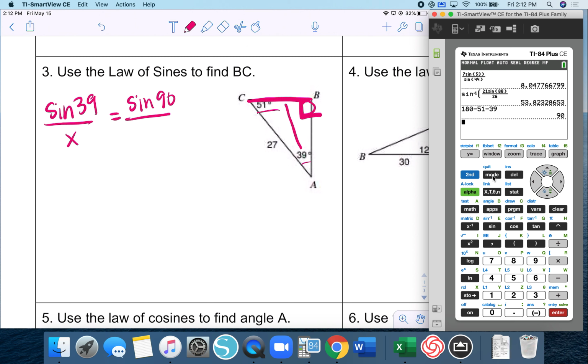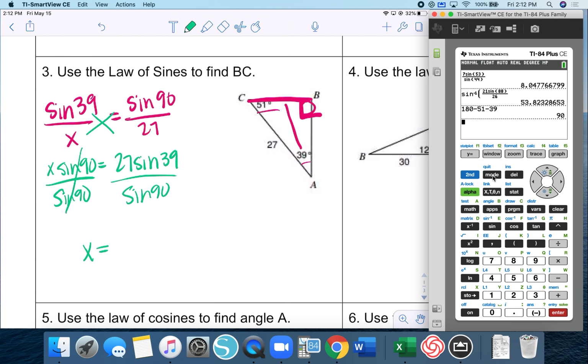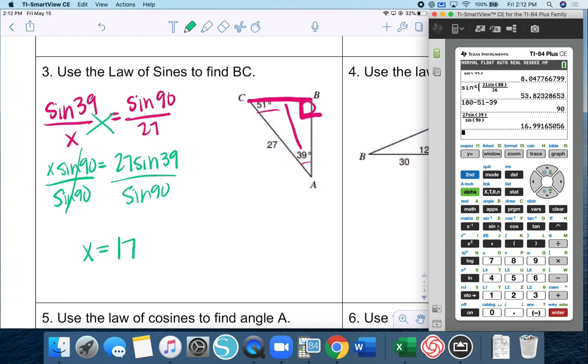So sine of 90 would equal 27. From here, I cross multiply, and then divide. So x is going to equal 27 sine 39 over sine of 90, which will be 17.